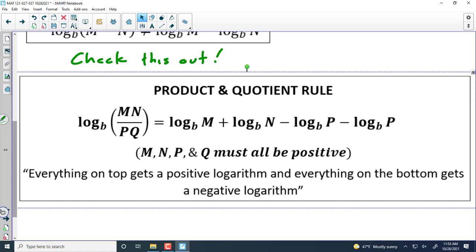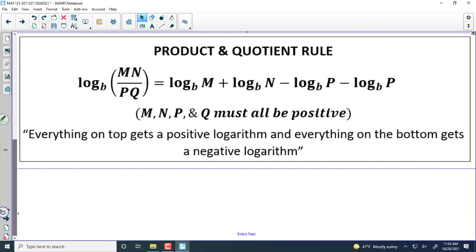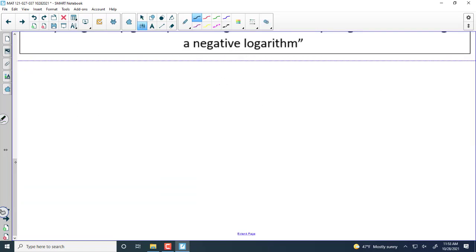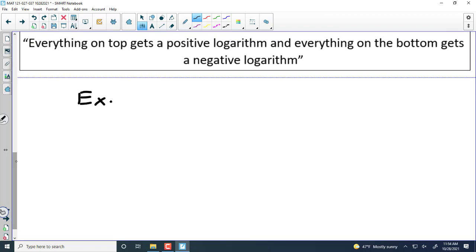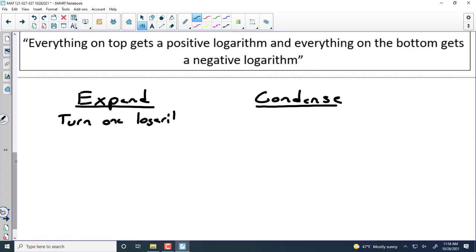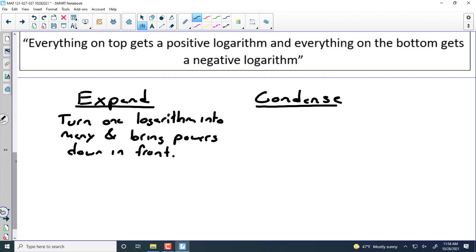In fact, the words we use for that, everyone, the words we use for that you will see are expand and condense. Expand: turn one logarithm into many, and bring powers down in front.